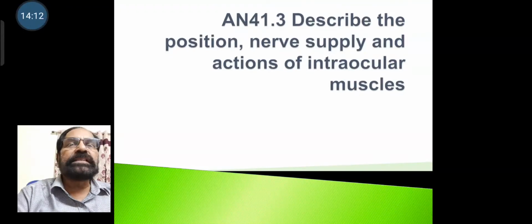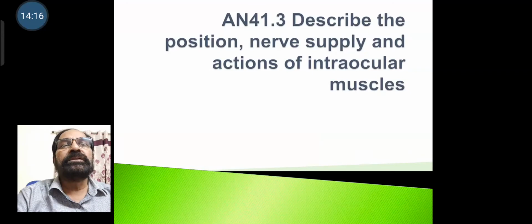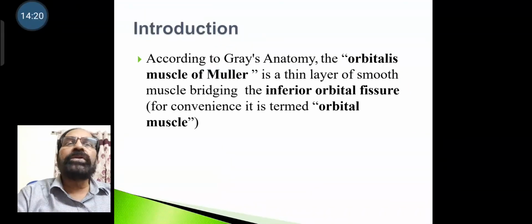Then we go on to describe the position, nerve supply and action of intraorbital muscles. According to Gray's anatomy, the orbitalis muscle of Muller is a thin layer of smooth muscle bridging the inferior orbital fissure.